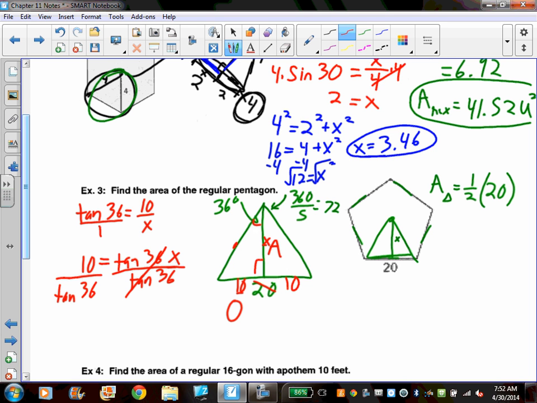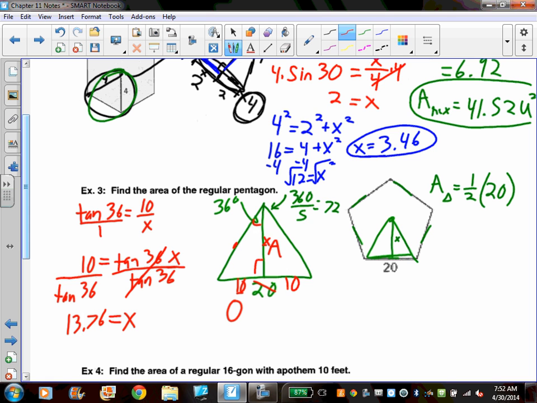So 10 divided by the tangent of 36 gives us 13.76 approximately as the apothem.